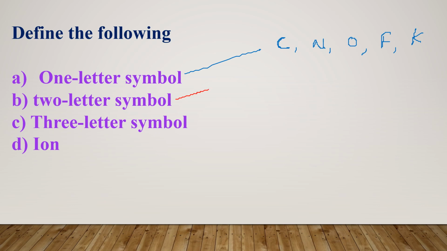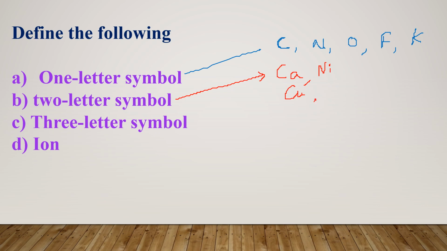Okay, then what about two letter symbol? Suppose you take carbon, it starts with C, then calcium also starts with C. Then you have to differentiate it from carbon. So that is why we go for the second letter, then Ca, then Cu. Suppose you take sodium, Na. Suppose nickel, so Ni you have to write. So like that, go for the next letter.